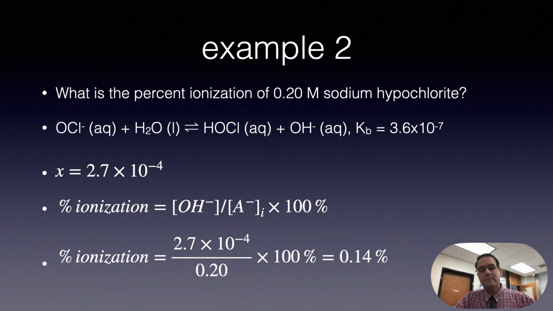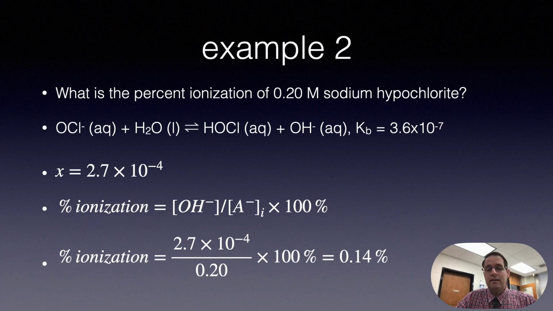Okay? Now the percent ionization is equal to the hydroxide ion concentration divided by the starting concentration of your weak base times 100%. And this is from the formula from the OpenStax chemistry textbook.